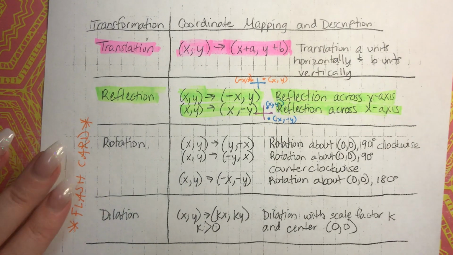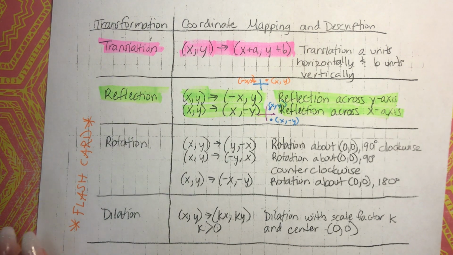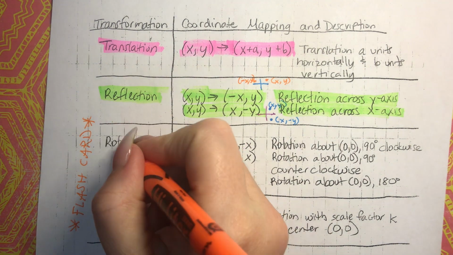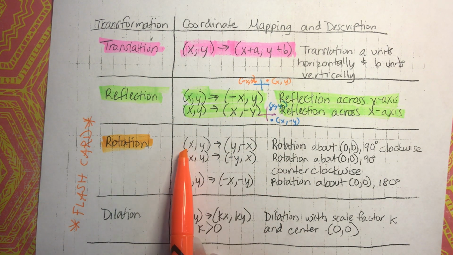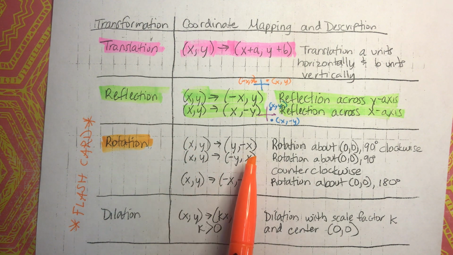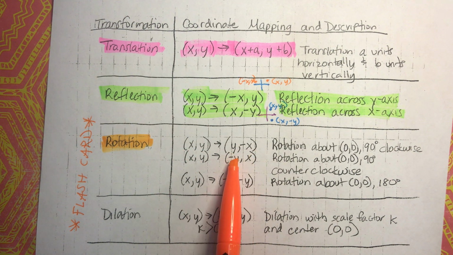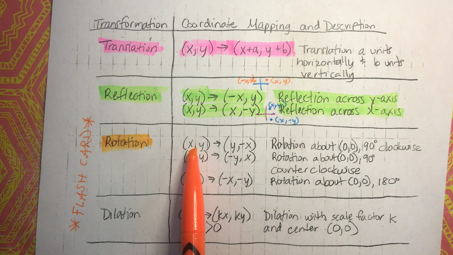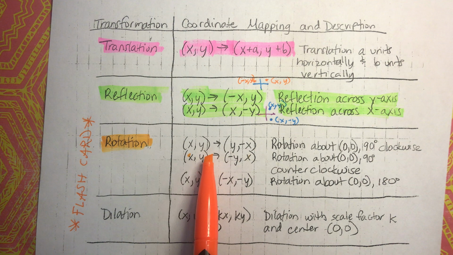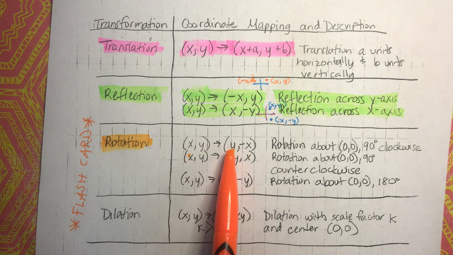All right, look at this next one. Now this one's fun. This is a rotation. Now, when I look at rotation, what I think is funny is we have X, Y in this particular order, but then what happens? The place of X and Y rotates. Do you see that? The X is first, now the X is second, and the Y is second, and now it's first.